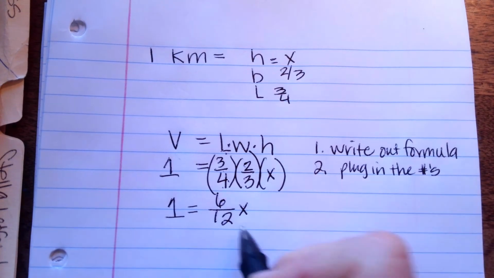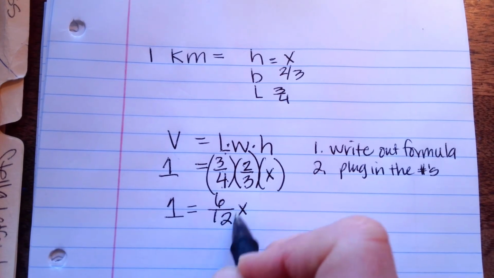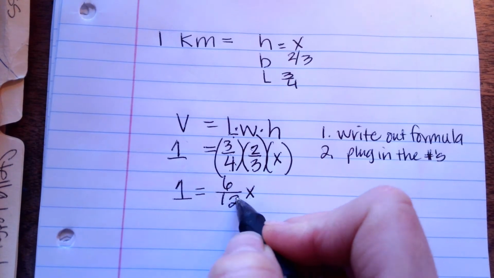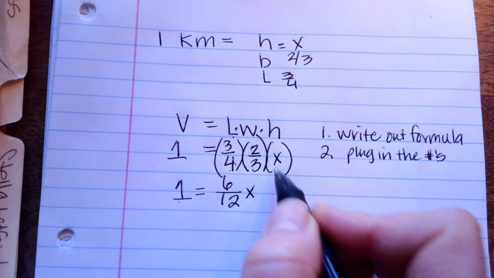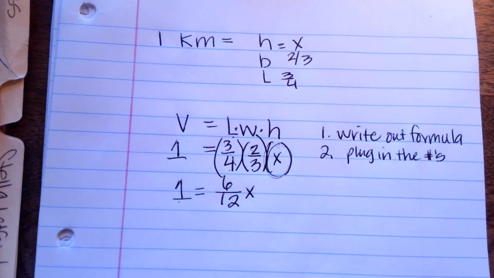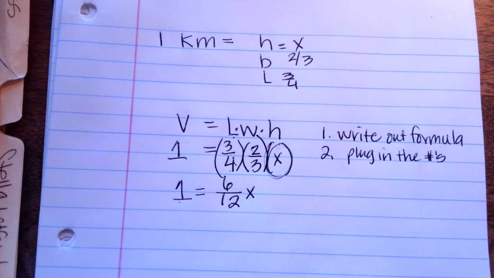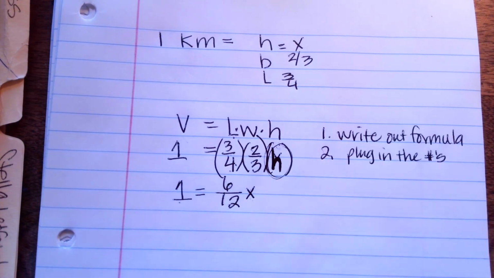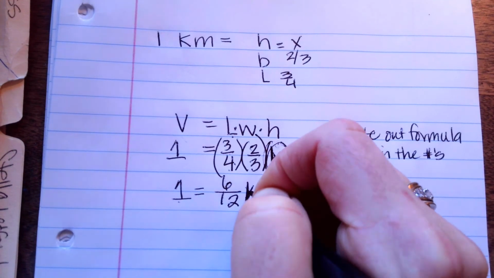Okay, so this is connected to an X. It's algebra. To clear this and bring it over here so we can find out what X is, which is just the height, you could say H. It's totally fine. I'm just letting you know it's an algebra problem, so we'll use H since it's height.